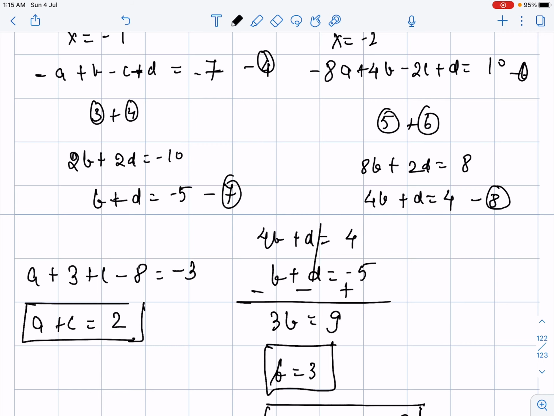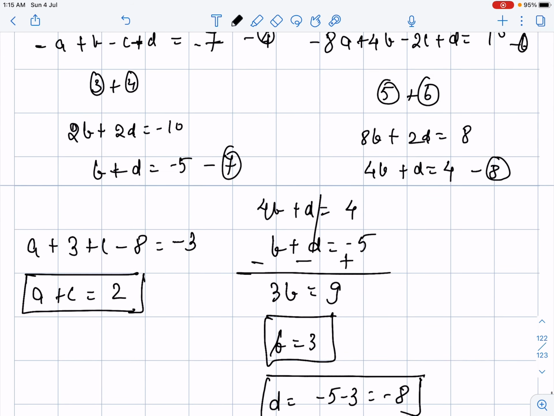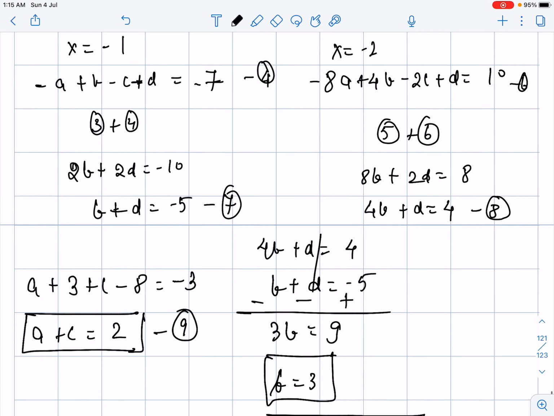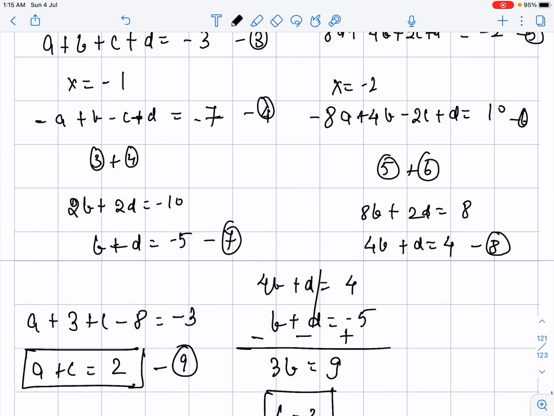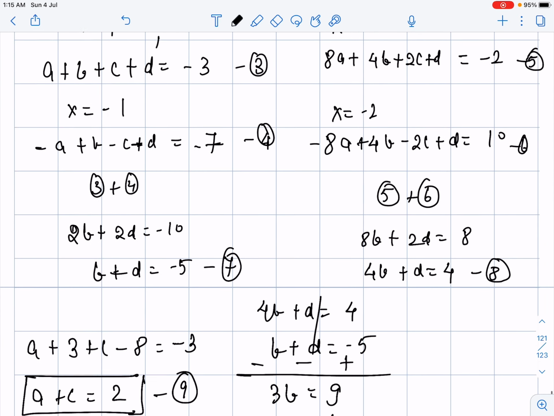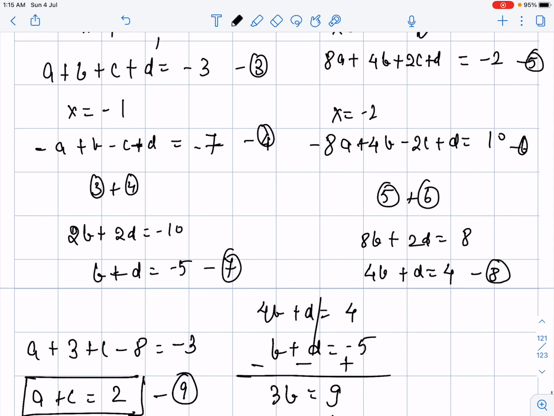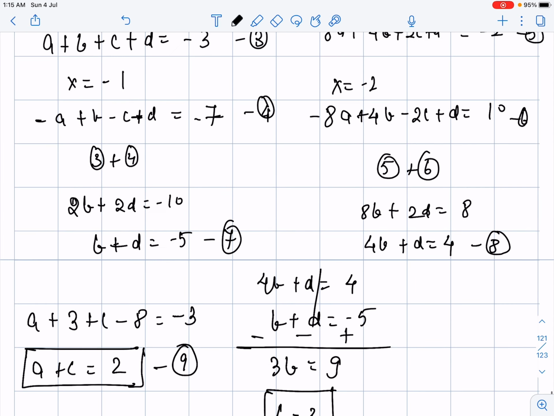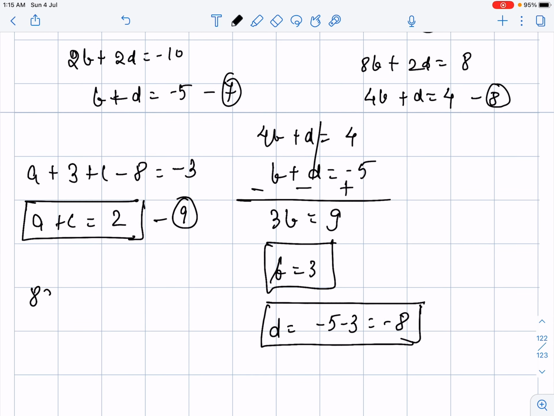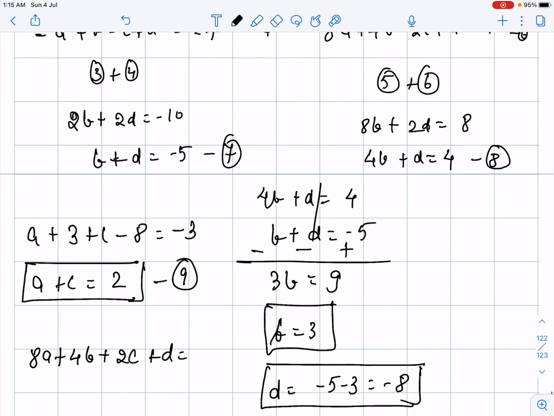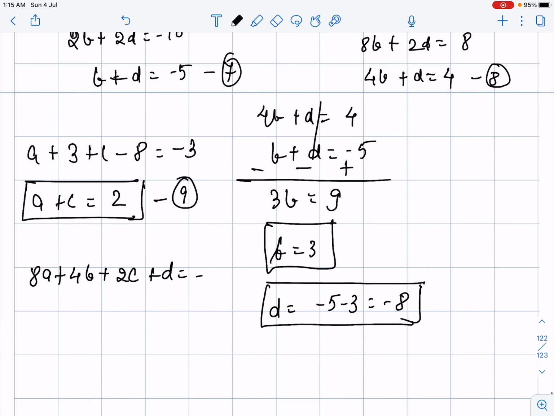Let it be the 9th equation over here: a plus c is equal to 2. Now where else can I keep the value of b and d? Let's look for wherever we have c alone with a minus sign, because the elimination procedure will become easier. Let's keep it over here: 8a plus 4b plus 2c plus d is equal to minus 2, as we know, in equation number 2.